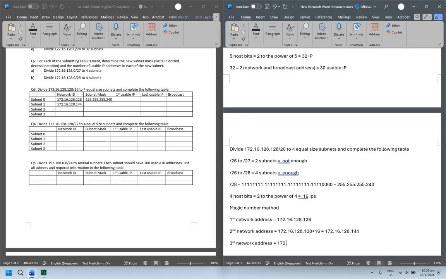172.16.128.144, which is the network address of the second group, plus 16, I'll be getting 172.16.128.160. That would be my next address.